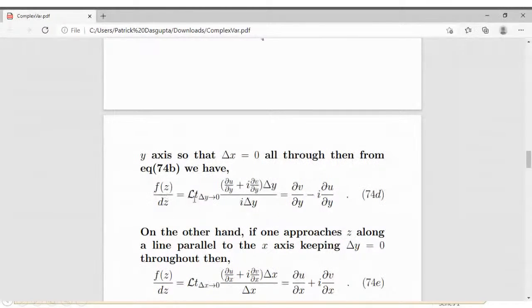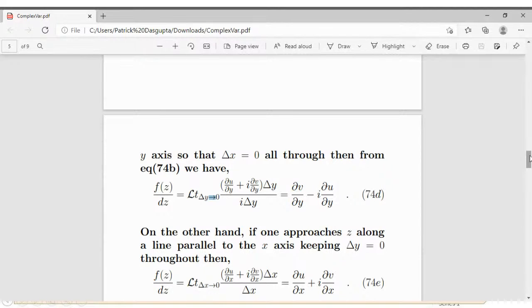Because delta y is appearing in the numerator as well as the denominator, delta y will cancel. And 1 over iota being minus iota, we get the result that dfz by dz in the limit delta y tends to 0 is simply del v by del y minus iota del u by del y.